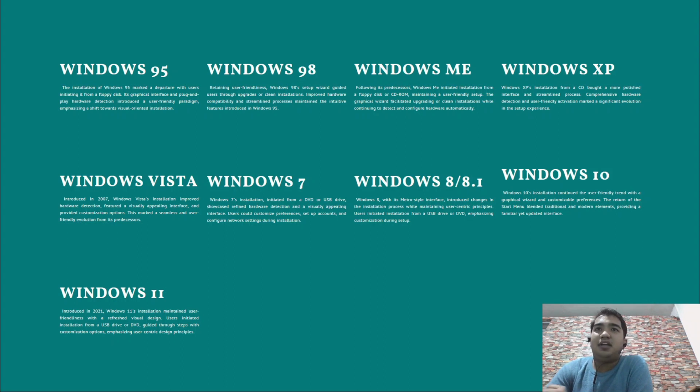Windows 7, 8/8.1, Windows 10, and 11, either you can use a DVD or a USB stick to install your OS. All of them have improved their graphical user interface when installing, with the most common now being Windows 11, which optimizes the installation process for new users or older professionals. So that is basically the comparison of my Windows OS.